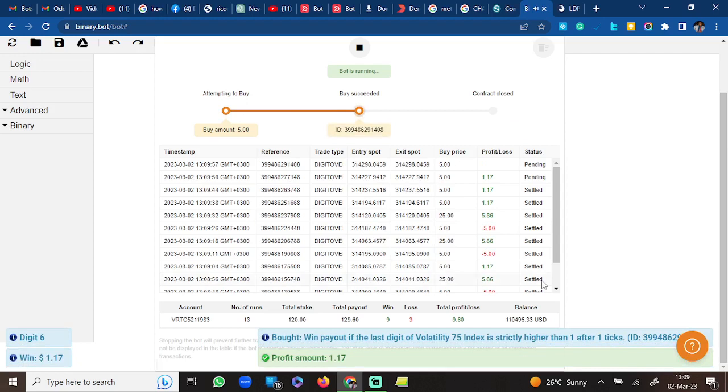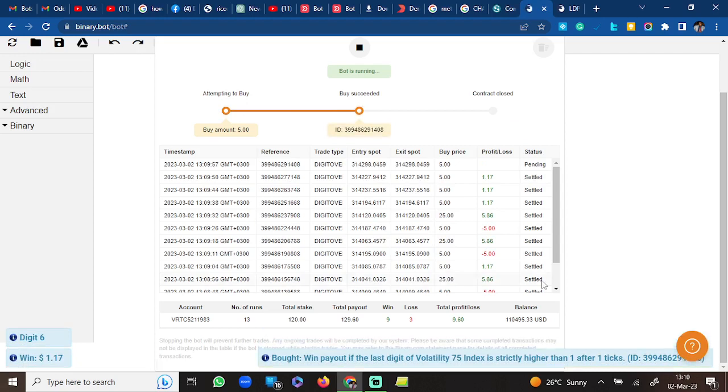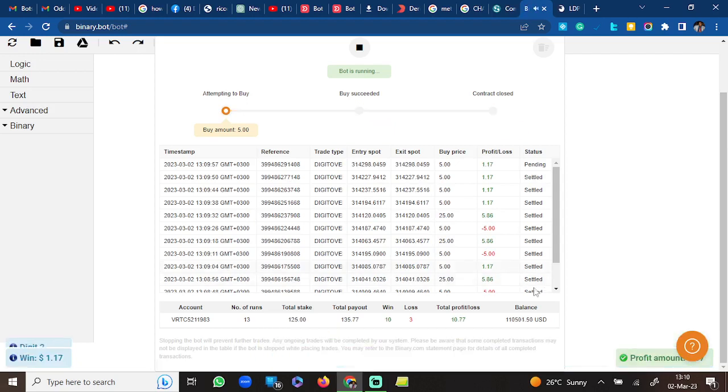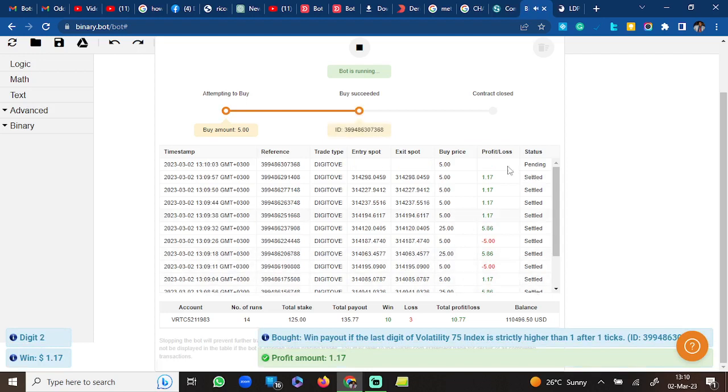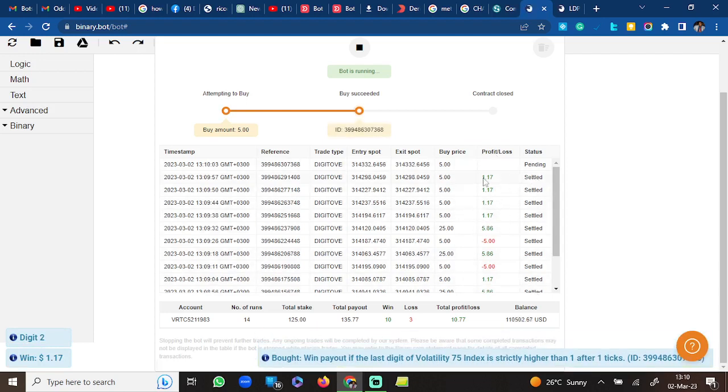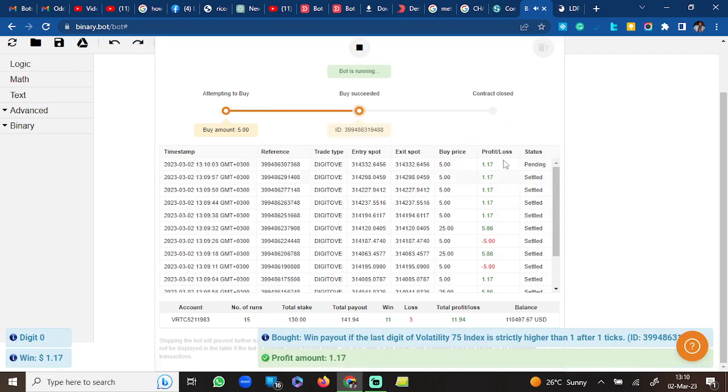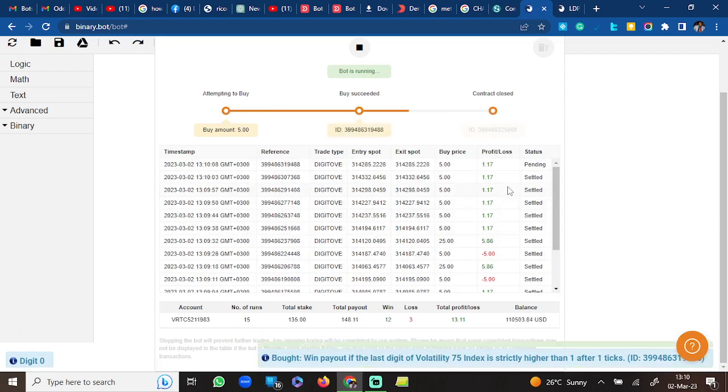So you'll find that this person, in a few runs, they are able to make some good money. Because for us to make $50 as our target, we need to make close to 40-something runs that are wins.